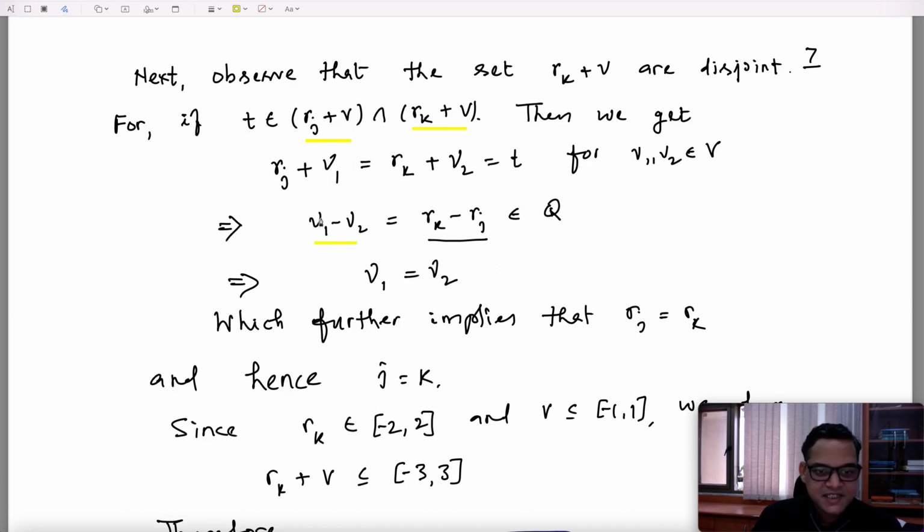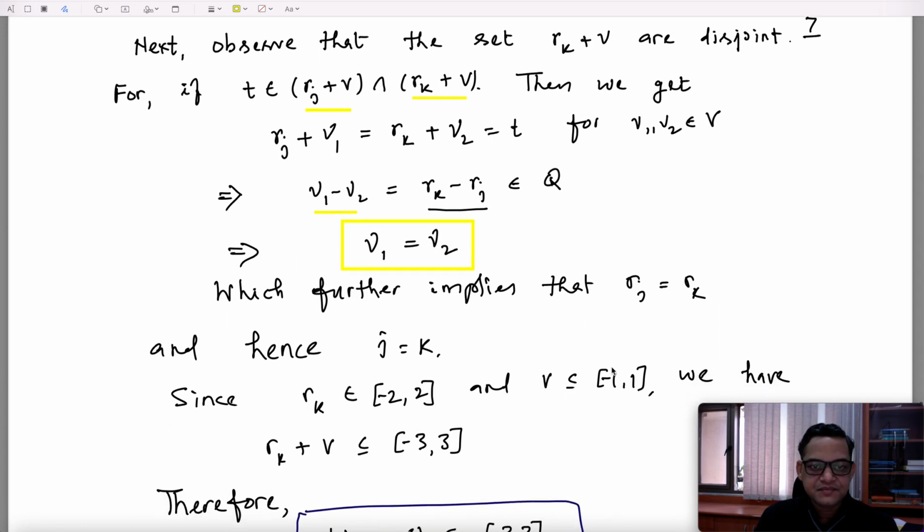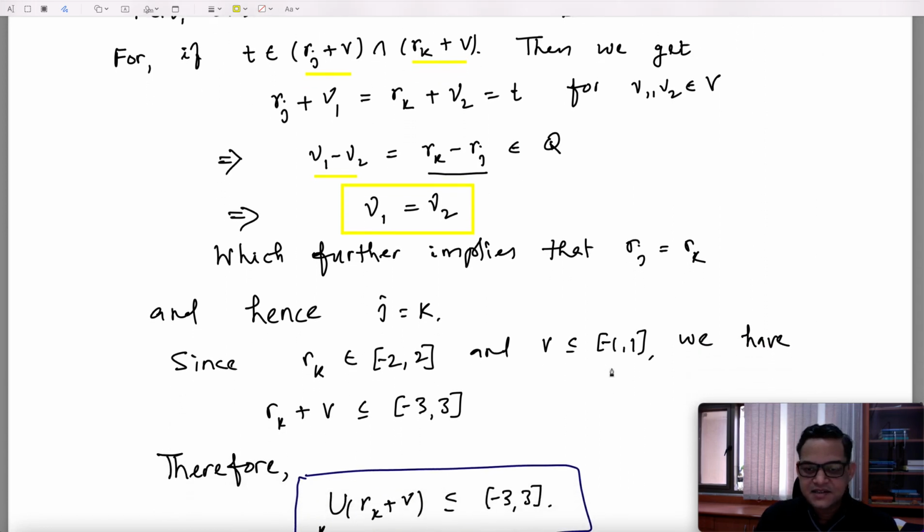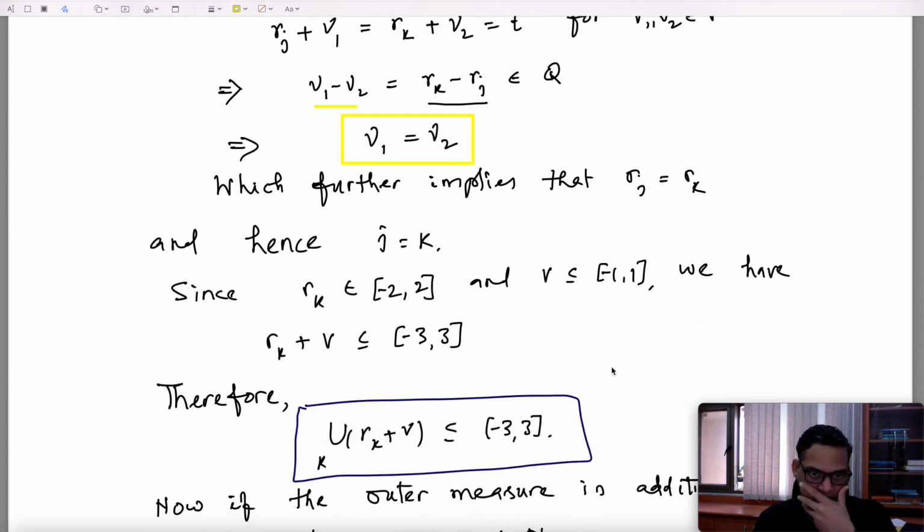Then V1 and V2 would be in the same class, correct? But B has been constructed by choosing exactly one element from each distinct class. So V1 and V2 have to be the same, and hence these two sets are the same. So they will always be distinct.